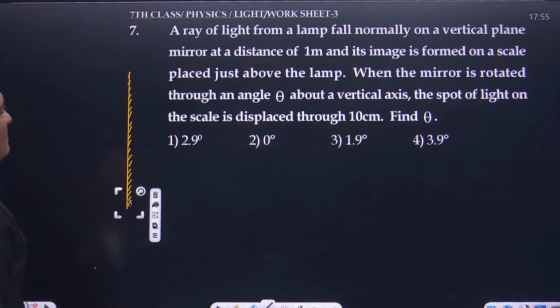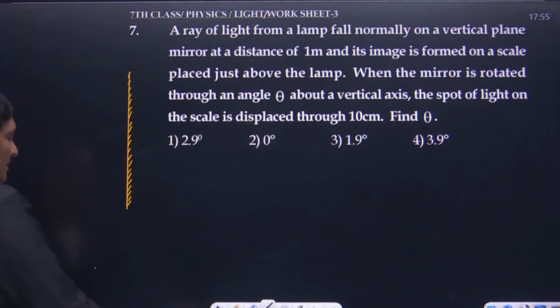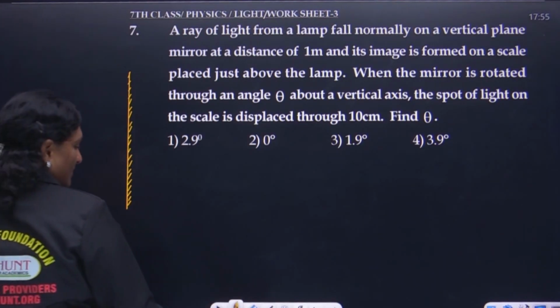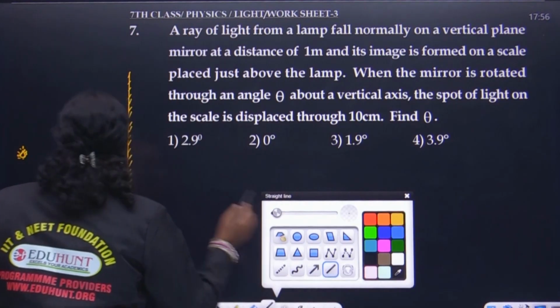A ray of light from a lamp falls normally on a vertical plane mirror. First of all, let us visualize a lamp, and from this lamp a ray of light is passing by.